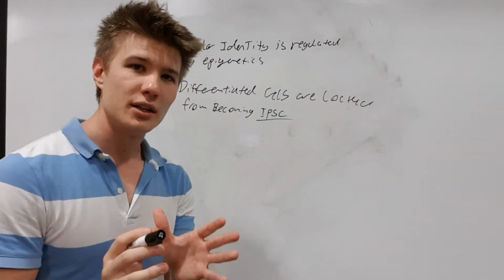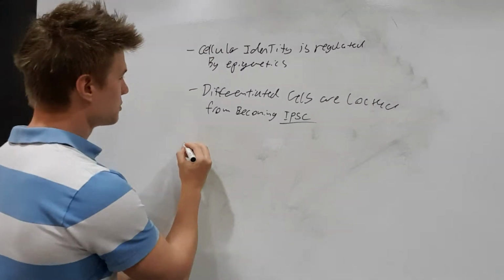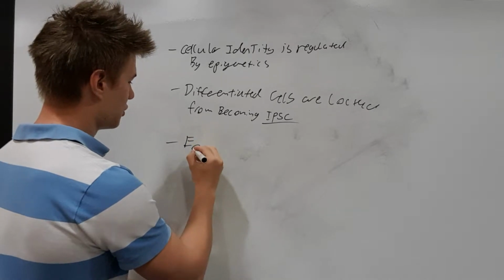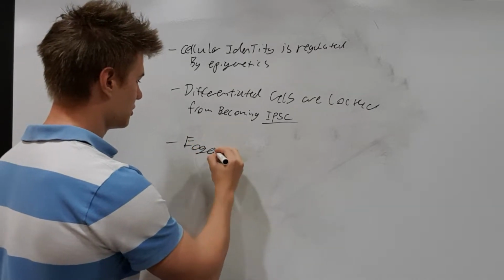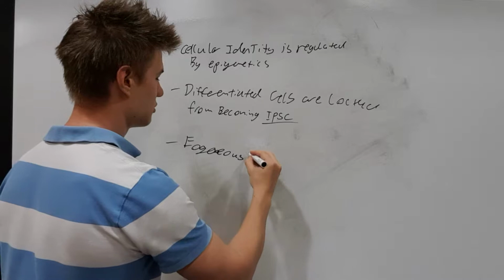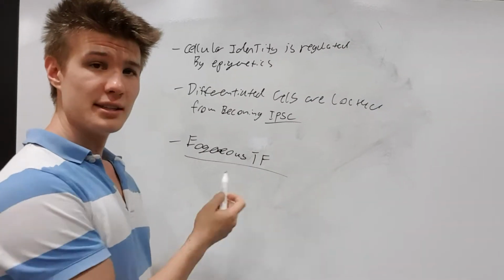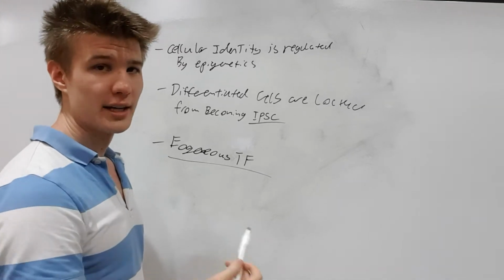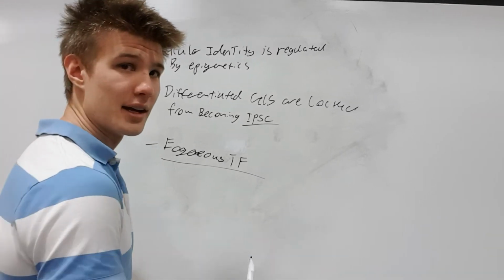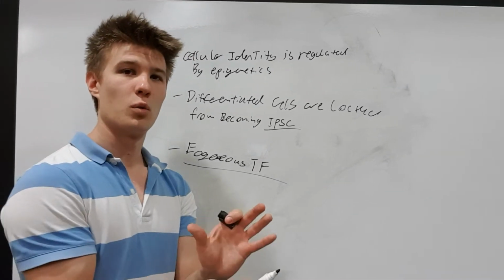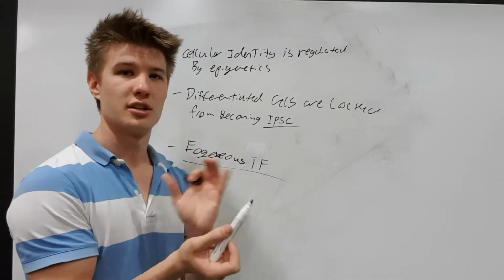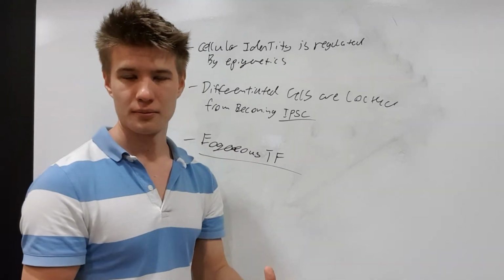A way that we can induce that kind of activity is with exogenous transcription factors. Transcription factors can cause these cells to de-differentiate or change into other kinds of cells. And that's important for us because we want ways to force cells to turn into the kinds of cells that we want.